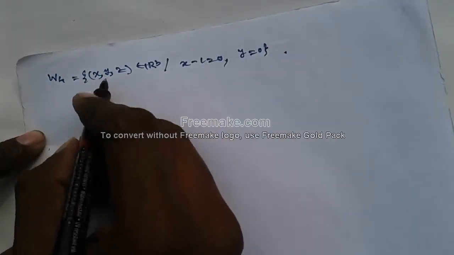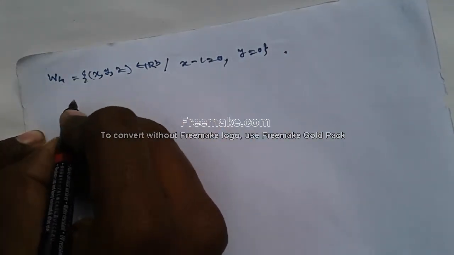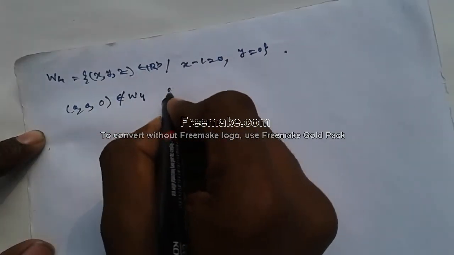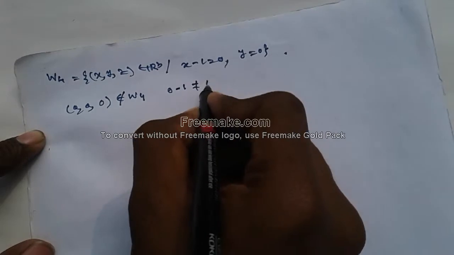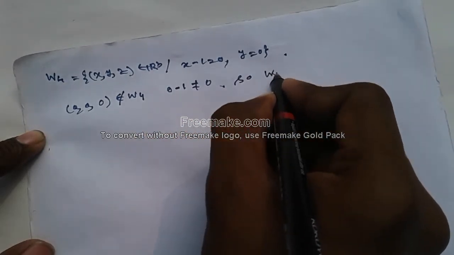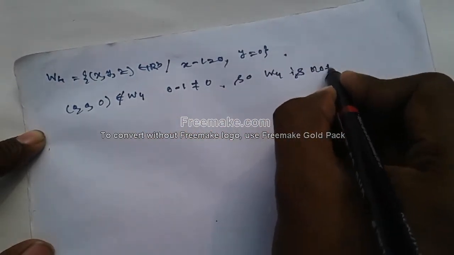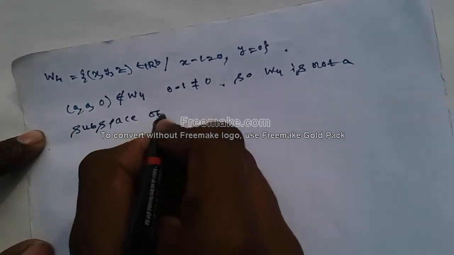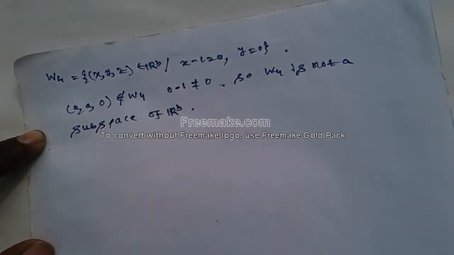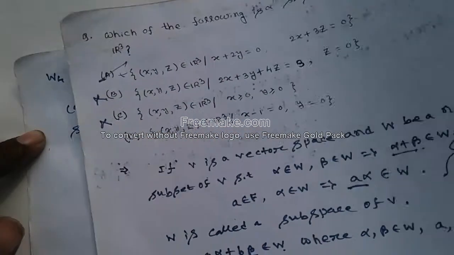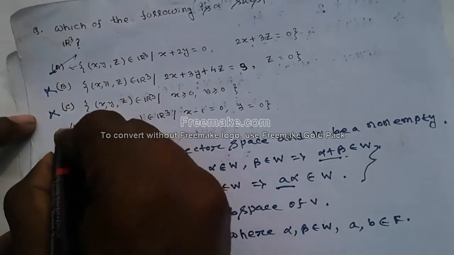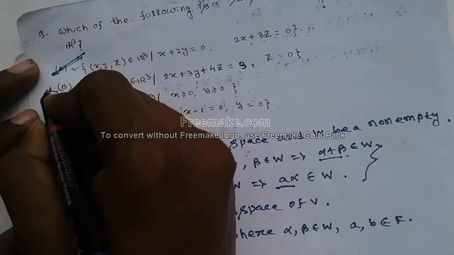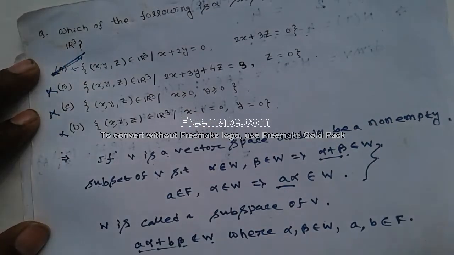This is similar to the second option. (0, 0, 0) does not belong to W4, since 0 minus 1 is not equal to 0. So W4 is not a subspace of R3. So the option D is also false. So the right option is A, and the options B, C, D are false.